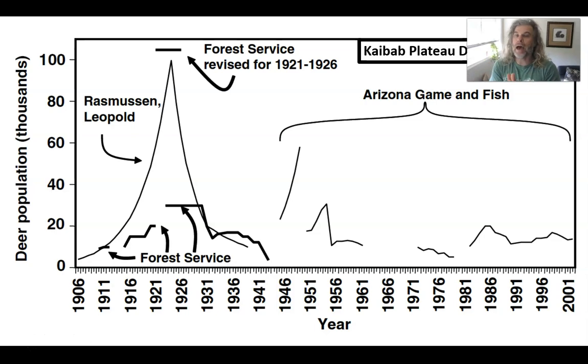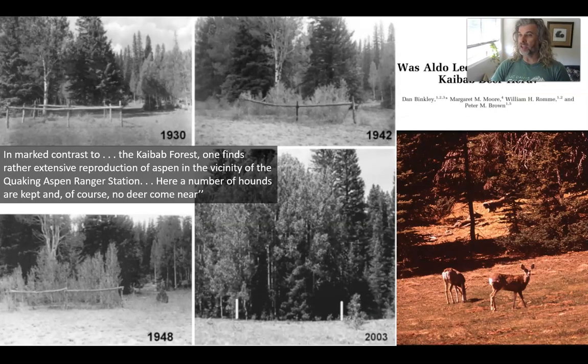Why was that? It was in part because all the forage was gone. Since then, the deer populations have been mostly maintained. This is managed by Arizona Game and Fish, but that hasn't been the end of changes in the stand dynamics within this landscape. We're going to talk about those because they're relevant to understanding these population models.